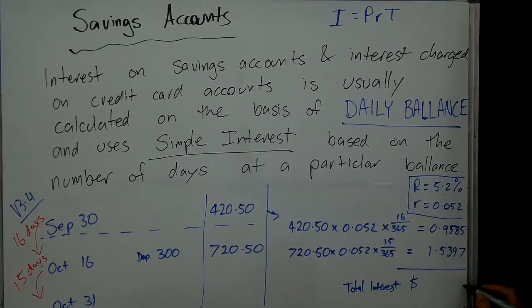So let's add these up. 2.4982. I'm going to round that to $2.50. So that's the total interest, which would then be added in.